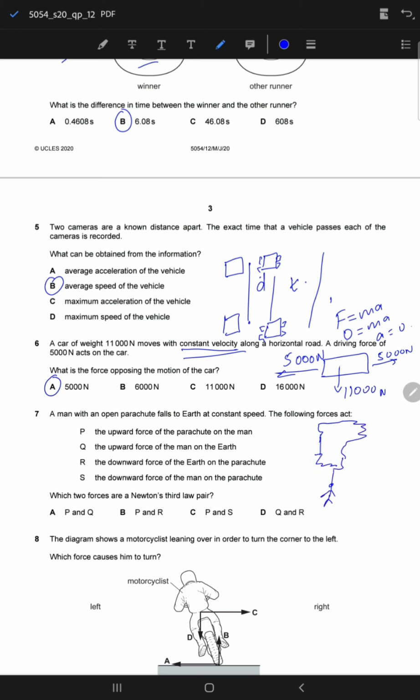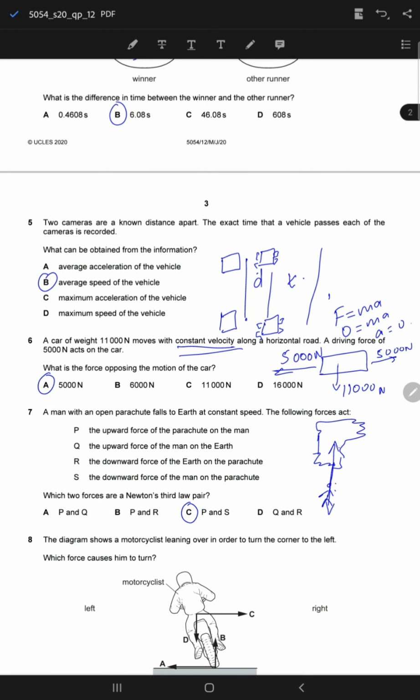The upward force of the parachute on the man is this, and the downward force of the man on the parachute is in this direction. So these are equal and opposite forces, and they're acting on two different bodies. So this perfectly defines Newton's third law. So C is the correct answer for this.